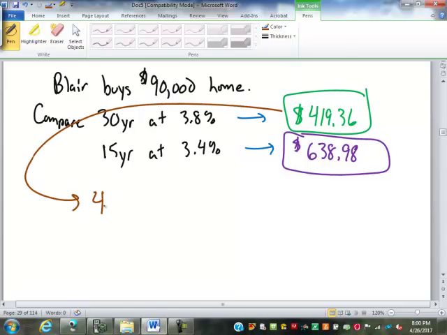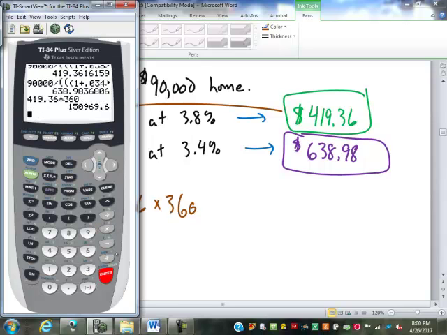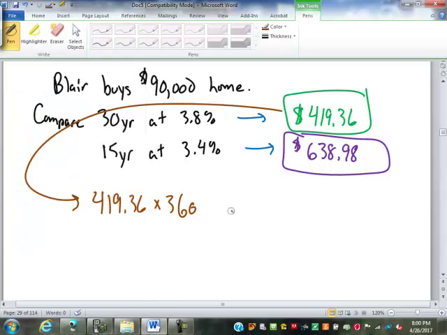The 30-year: $419.36 times 360 payments is $150,969.60. So that $90,000 home cost you $150,000.